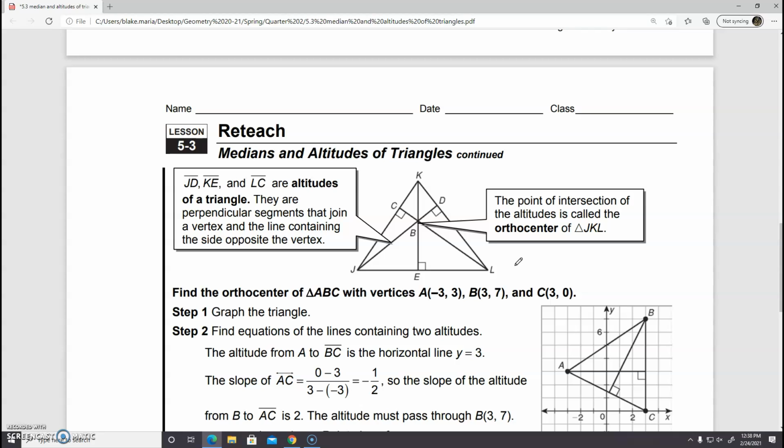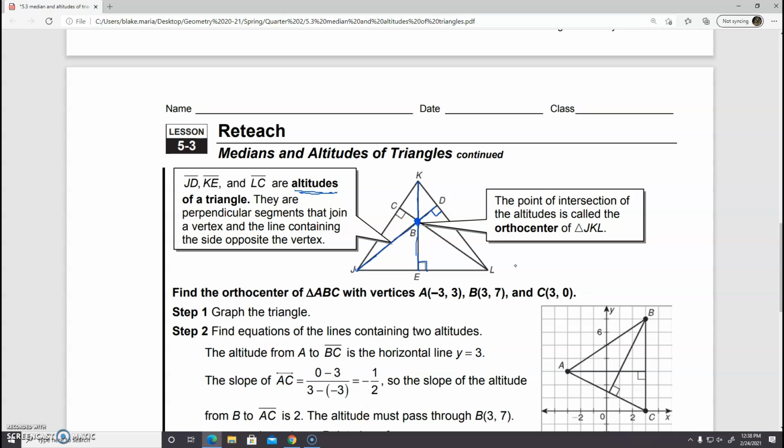I just want to point out that they also have altitudes. Altitude is height, right? That's your height. Remember, for a height, it always has to start at a vertex and be perpendicular to the other side. That's what an altitude is. Again, the altitudes are all concurrent.